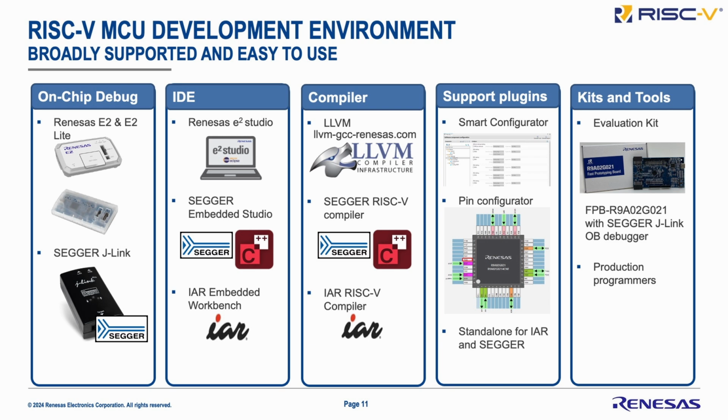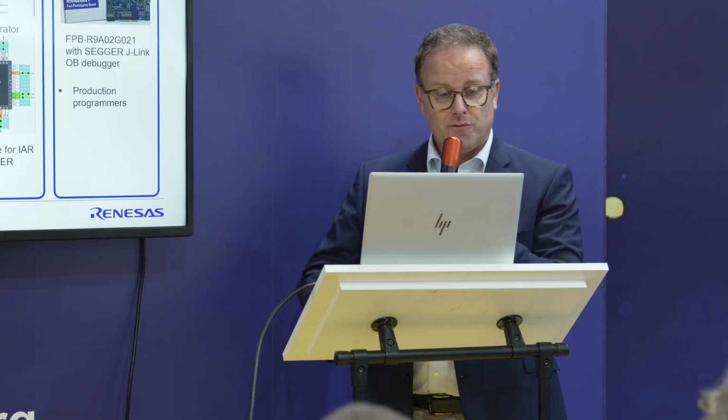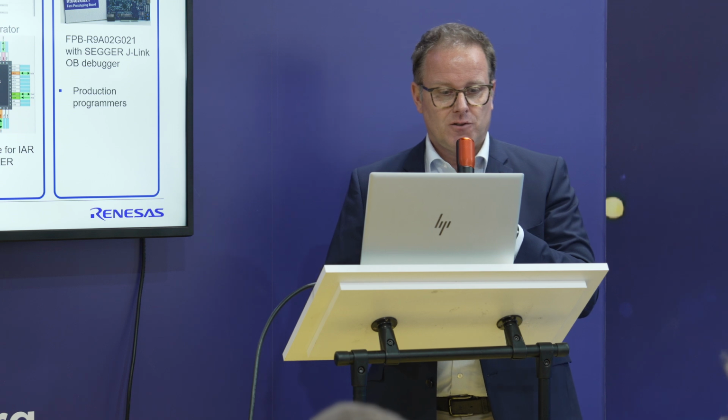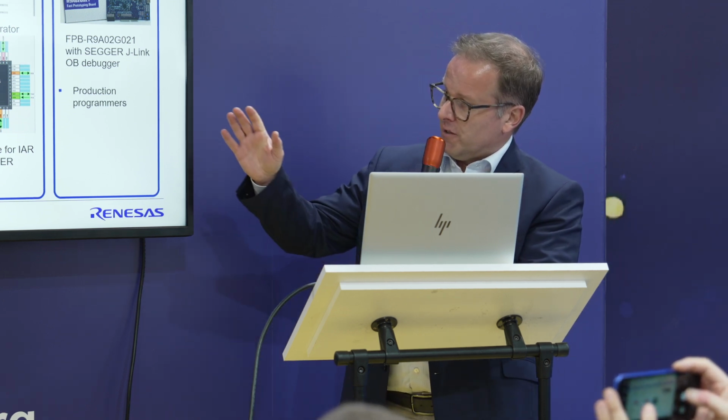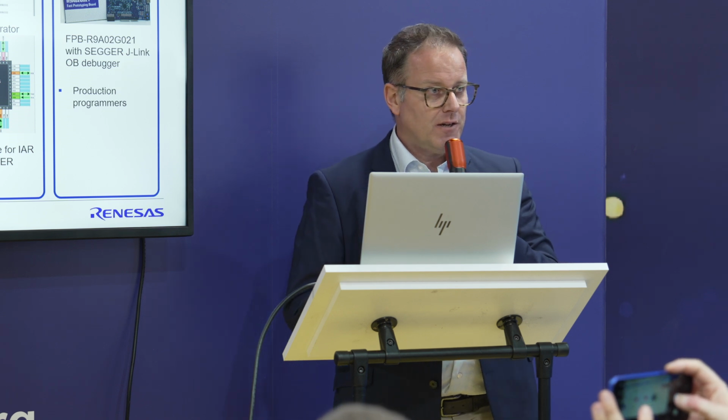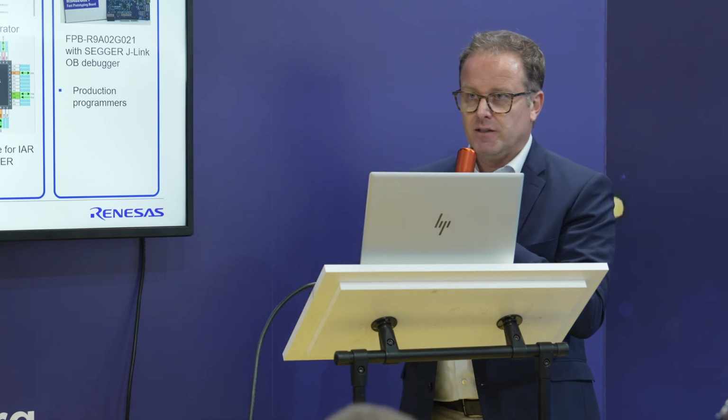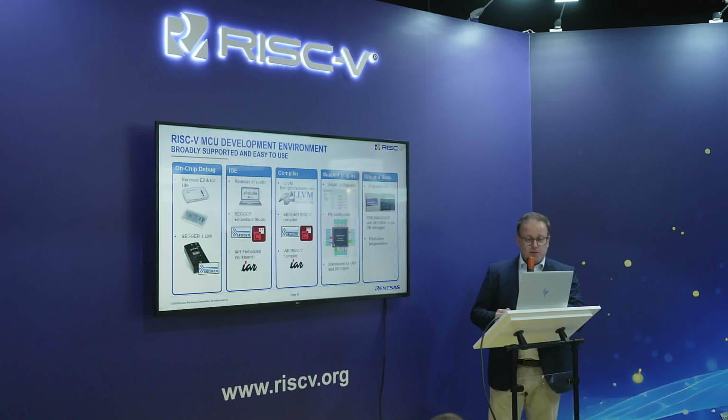And this is the development environment that you can use to develop applications. Looking at the left-hand side, from the debugger support, we have support for our own debuggers, the Renesas E2 and E2 Lite, and also for Segger J-Link, which is a very popular and market-leading debugger. From the development environment perspective, there are also several options.